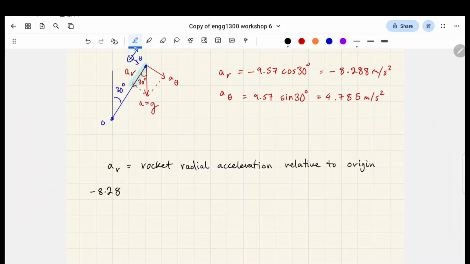I'm just going to plug this in, and this is going to be equal to our formula, which I listed above.